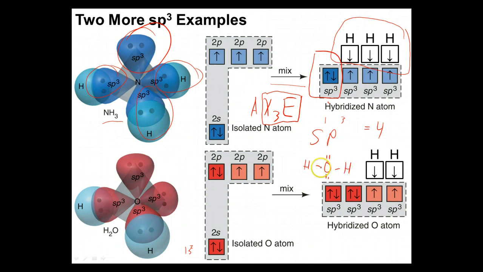We predicted it was going to have 2 bonding regions and 2 unshared pairs of electrons. There's our 2 unshared pairs of electrons right here, our 2 bonding regions right here. From this, we would predict our overall geometry to be tetrahedral for the electron groups. We'd expect a bent geometry for our bonding regions.